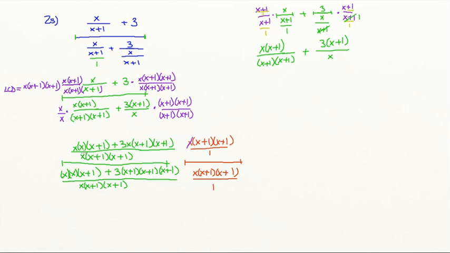This x will reduce that x plus 1, this x plus 1 reduces this x plus 1, this x plus 1 reduces that x plus 1, this x reduces this x, plus 1 reduces x plus 1, x plus 1 reduces x plus 1. So x times x, I will multiply those two together, so x squared times x plus 1 plus 3x. I don't want to multiply these out if I don't have to.